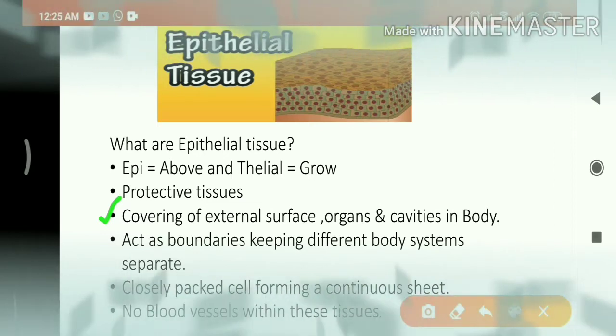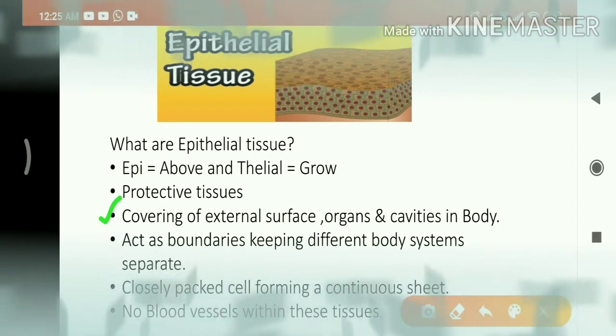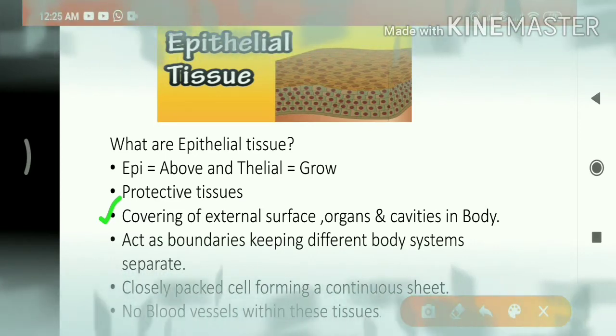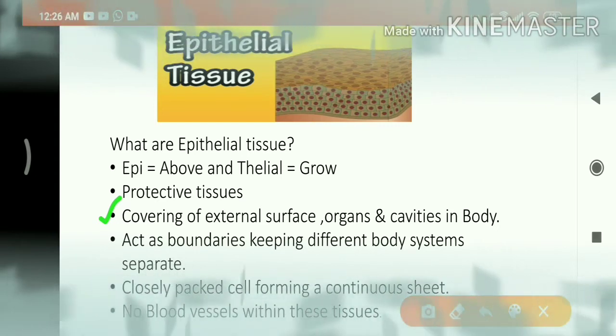The next point is covering of external surface of organs and cavities in the body. Every organ has a surface, and the covering of that surface, for example the heart, which is covered with the pericardium, is made up of epithelial tissue.